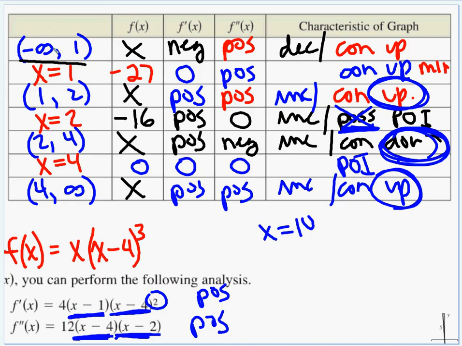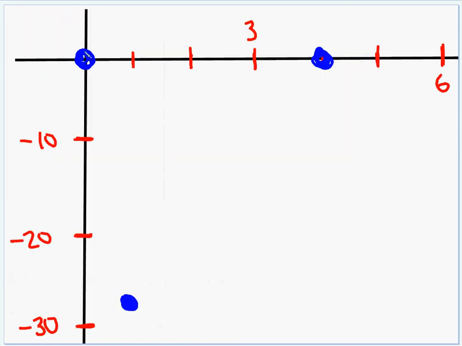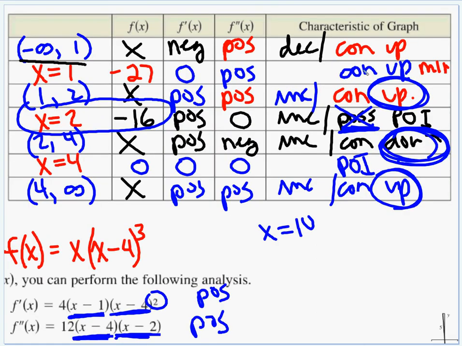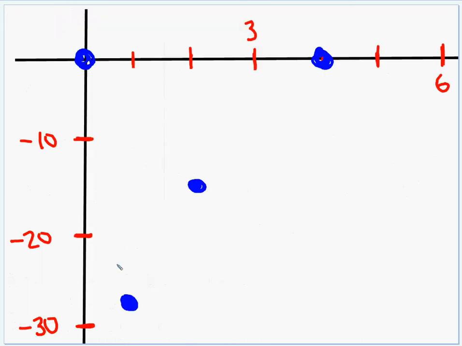And on that interval, we were decreasing, but concave up. And then from 1 to 2, we were increasing concave up. Here's another point, 2 comma negative 16. So over to 2, negative 16 would be down to about here. Okay, now we can start to put this together. Notice that we had a min at 1, negative 27. So this point down here is a min, and it'll look like this.